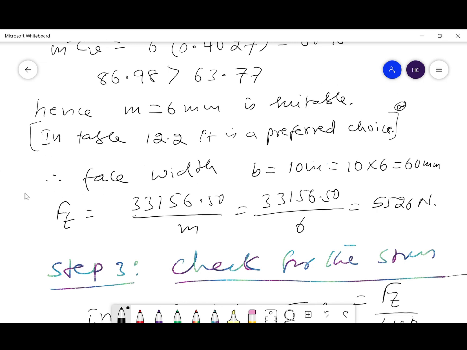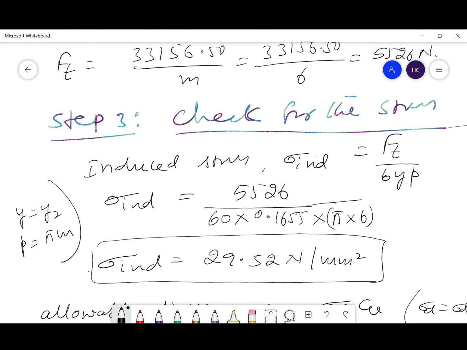So let us find out the face width. B is equal to 10 times module, that is 60 mm. And now Ft, the tangential force, is 5526 Newton. Step 3, check for the stress.